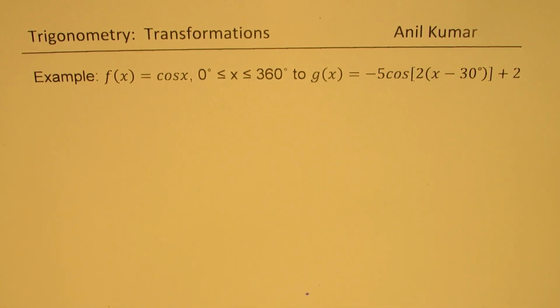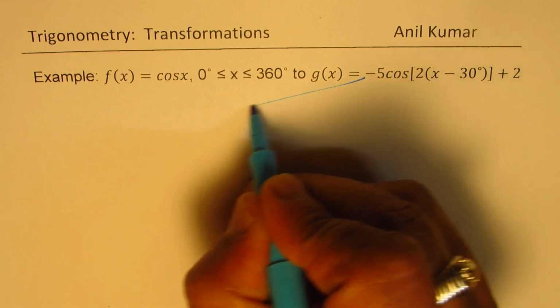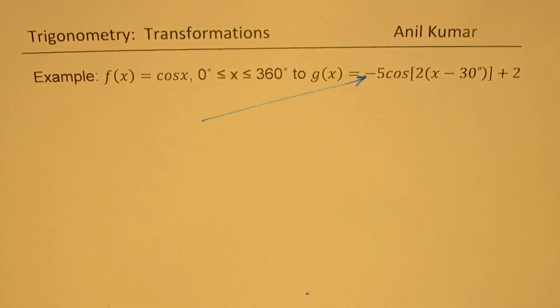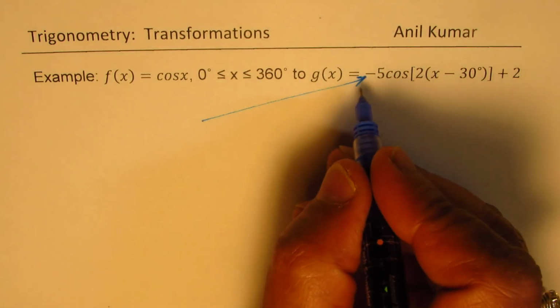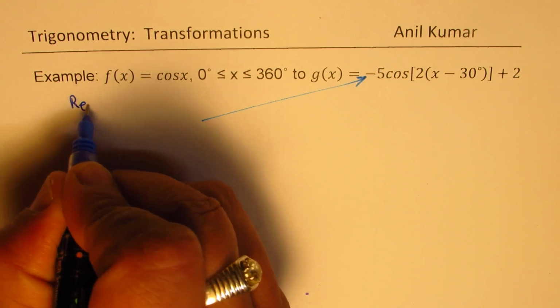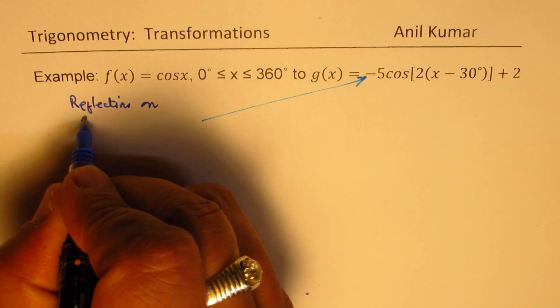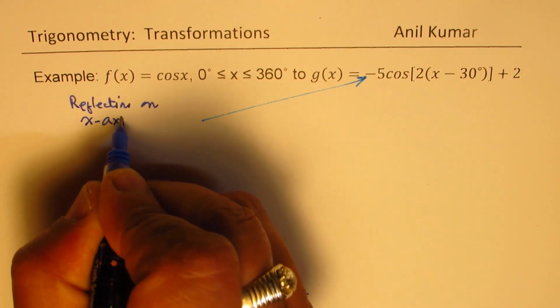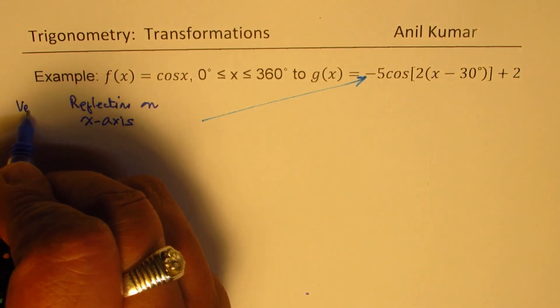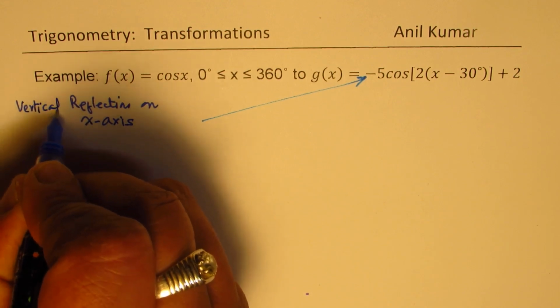So in this, the negative here reflects what? That means it is a reflection on the x-axis. At times we say vertical reflection.